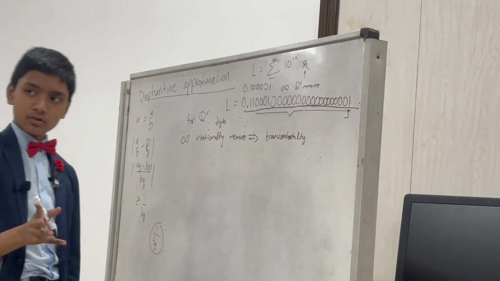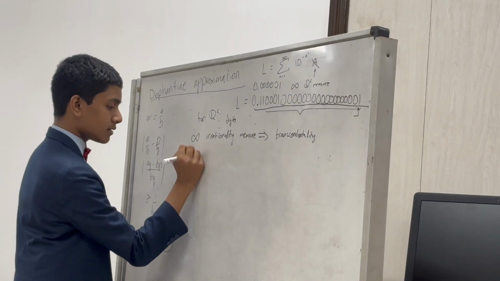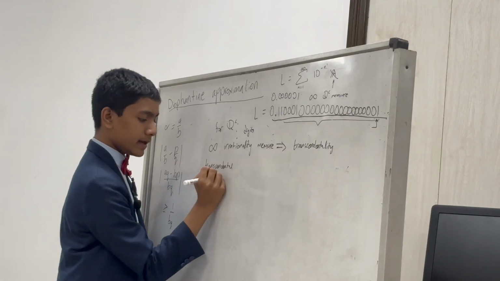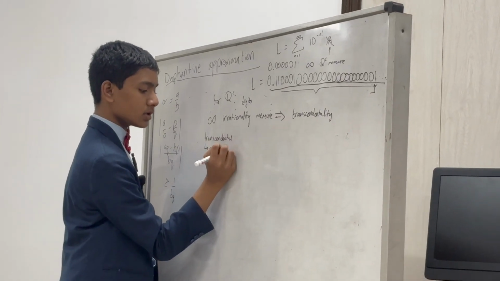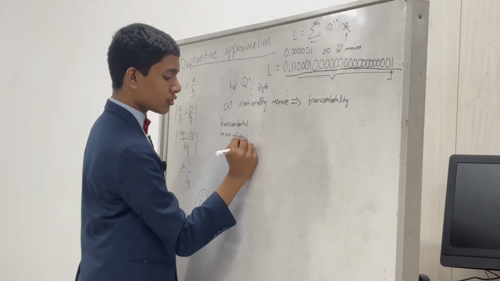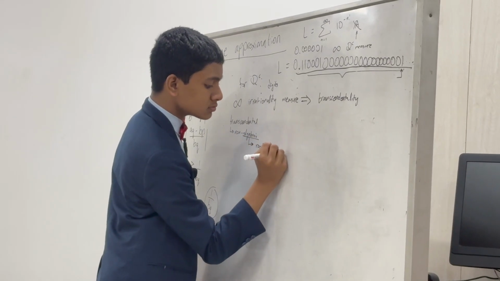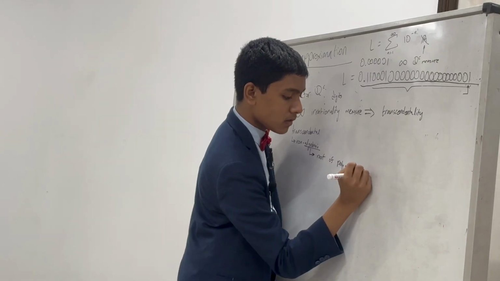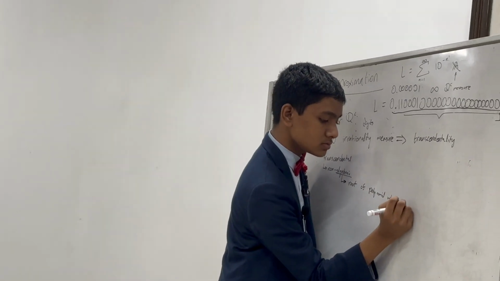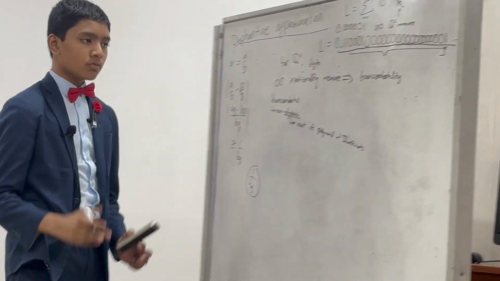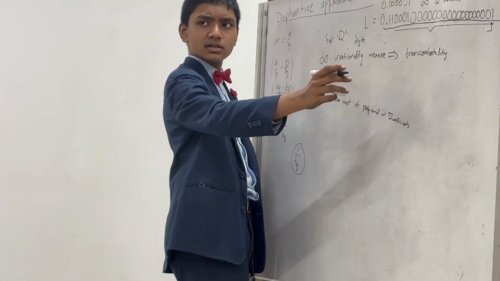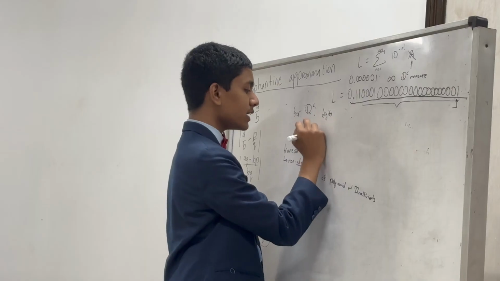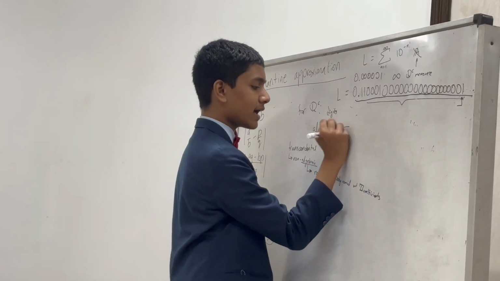Now, recall transcendental means non-algebraic, and algebraic means it's the root of a polynomial with integer coefficients. So what we're actually going to do is instead prove that anything algebraic has finite irrationality measure.